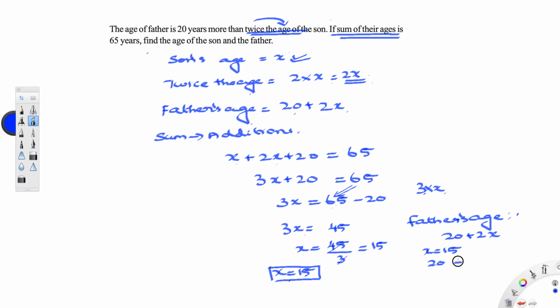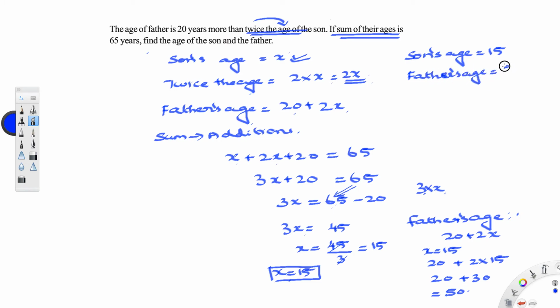So 20 plus 2 into 15, so 20 plus 30, which is equal to 50. So the son's age is 15. Father's age is equal to 50. It's a very easy sum with just one variable.